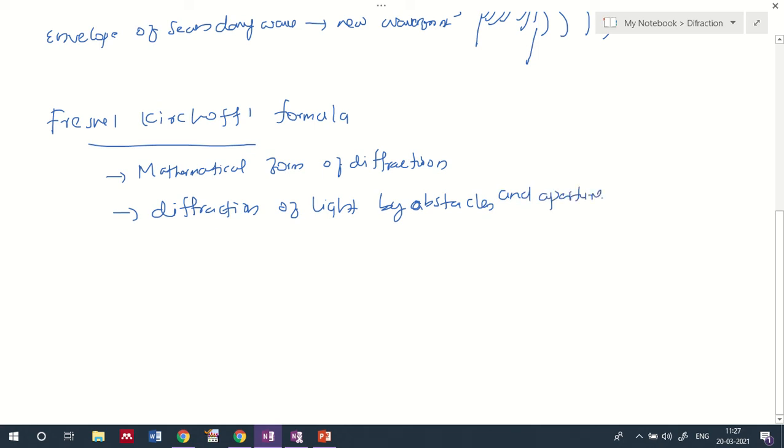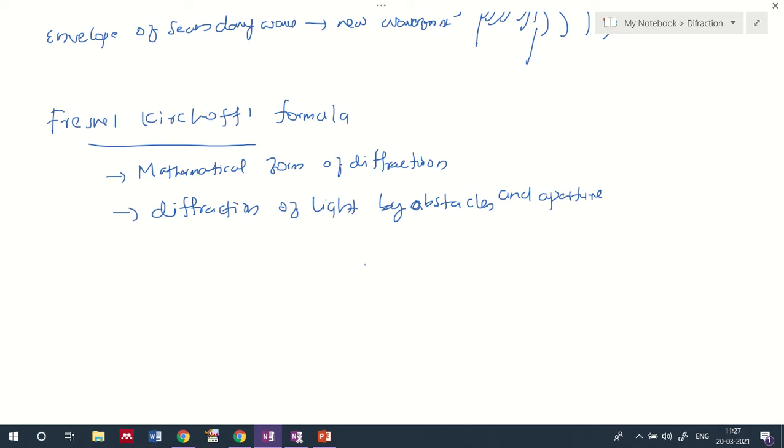If you get a general formula for a diffraction case, then you can use any apertures or obstacles by keeping the dimensions of that one. As we know, an aperture is an opening, so it can be circular, rectangular or a line aperture. Any can be possible for an aperture. So we will get a general formula by using the Fresnel-Kirchhoff formula.